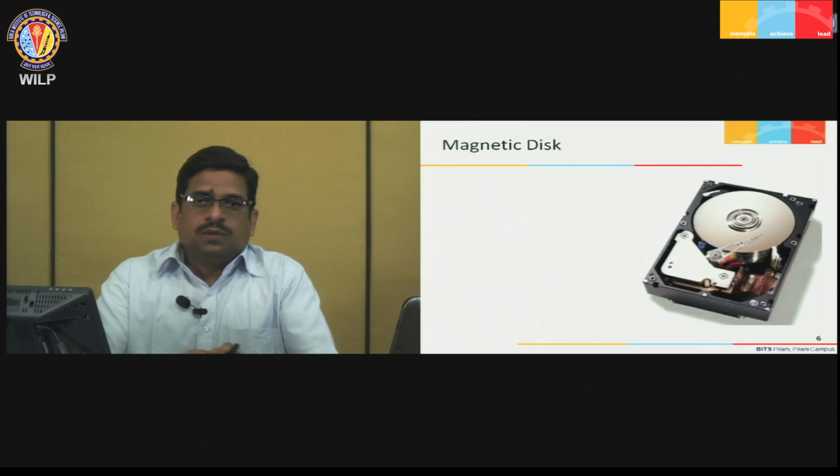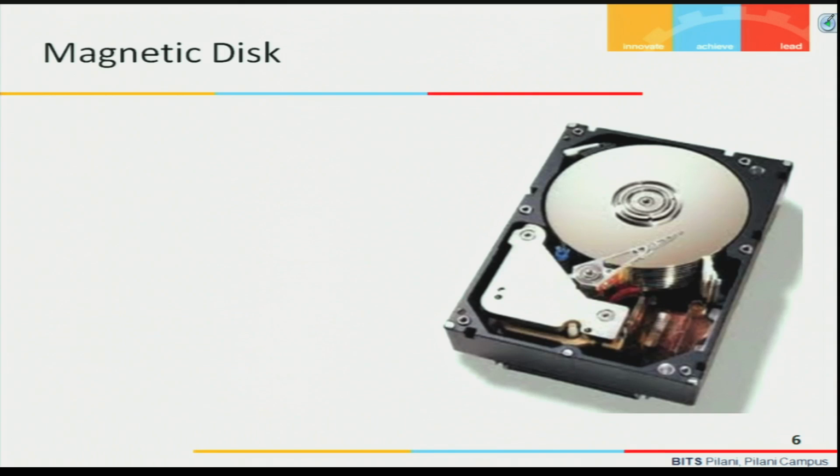So this is how your magnetic disk looks. In this disk you can see the platter, aluminum or glass, on which the magnetized material coating is there, which you can call the recording surface, and it rotates on this spindle. This is the head, called the read write head.